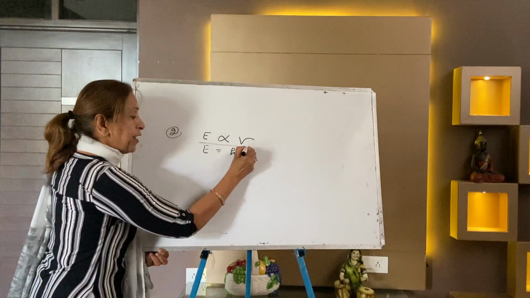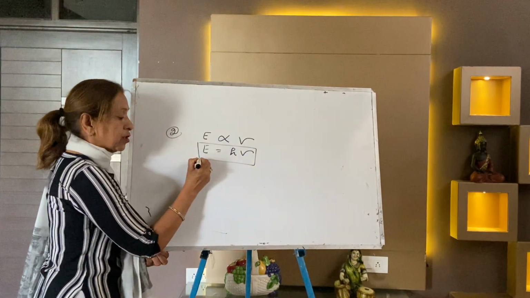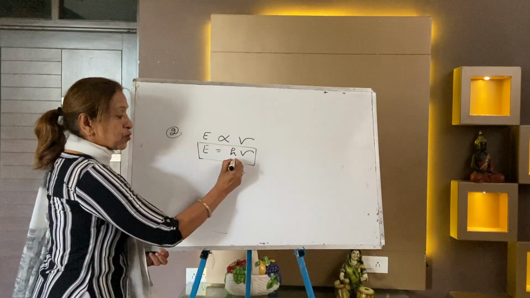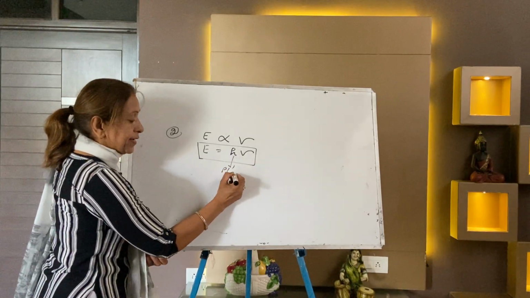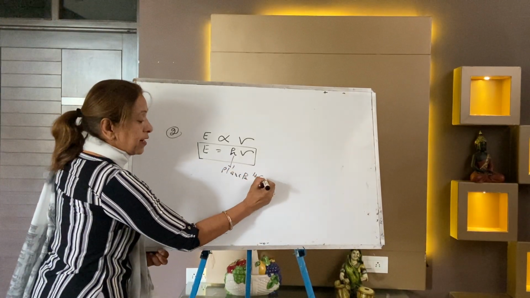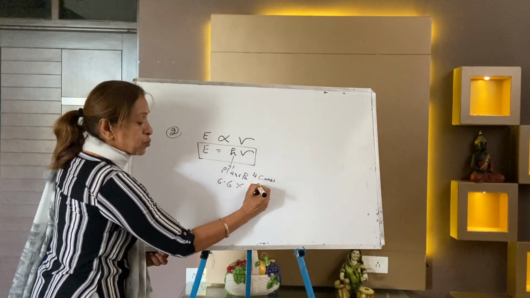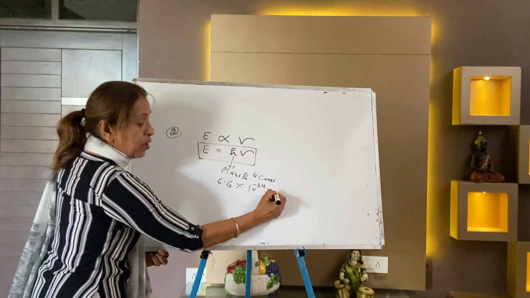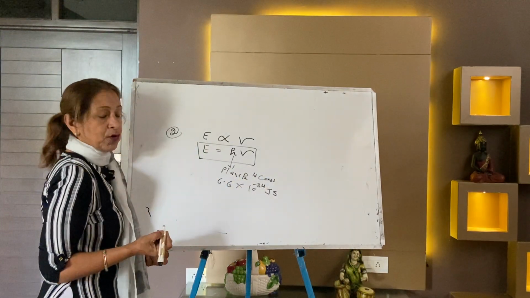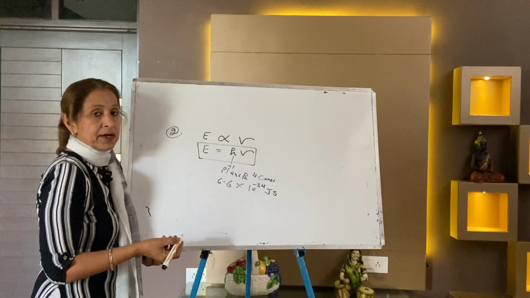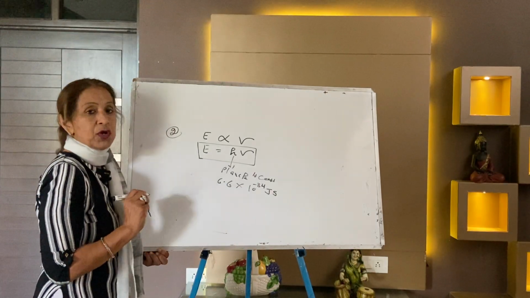For this, we will take the numerical in the next lecture. This is Planck's equation. h is Planck's constant, whose value is 6.6 times 10 raised to the power minus 34 joule second. So according to Planck, the energy of each photon is directly proportional to the frequency.